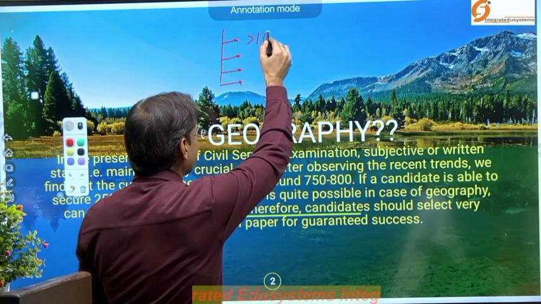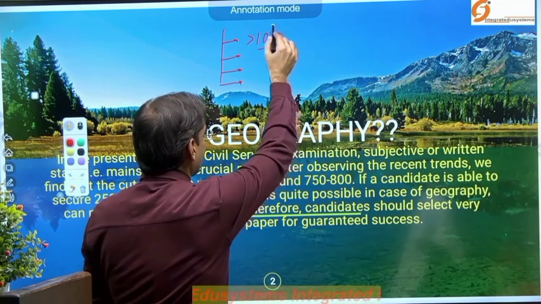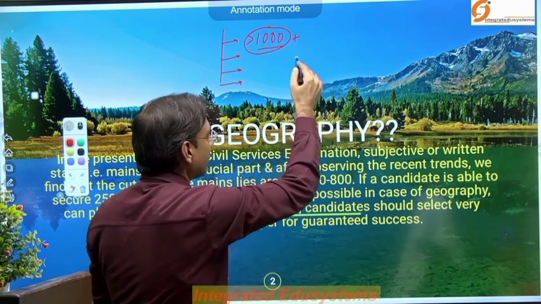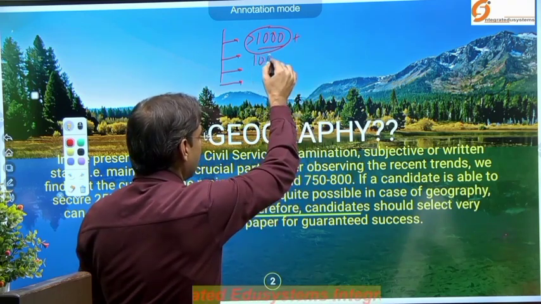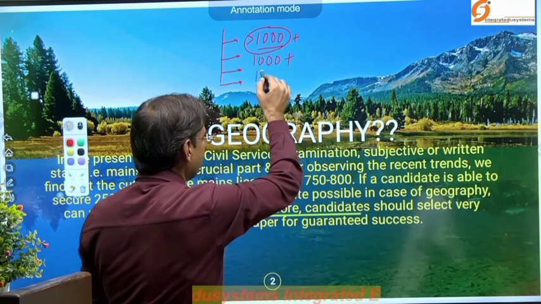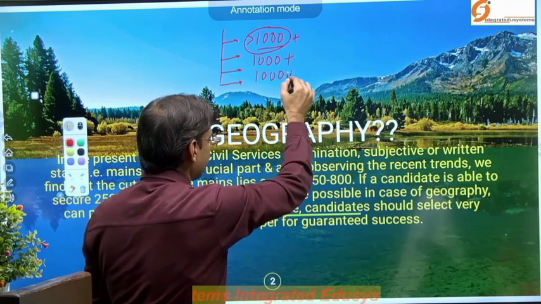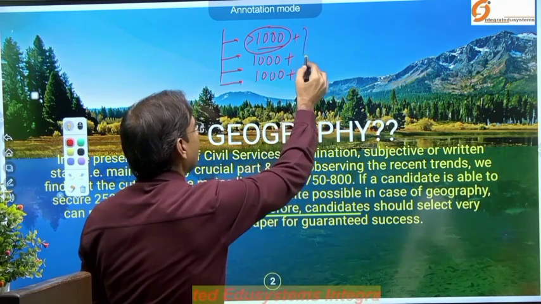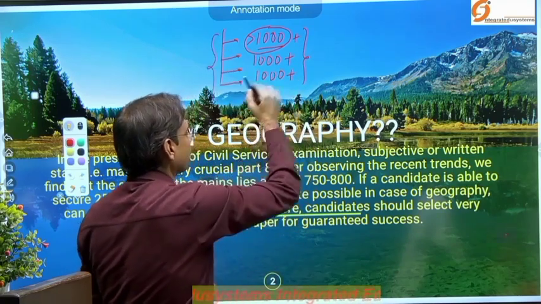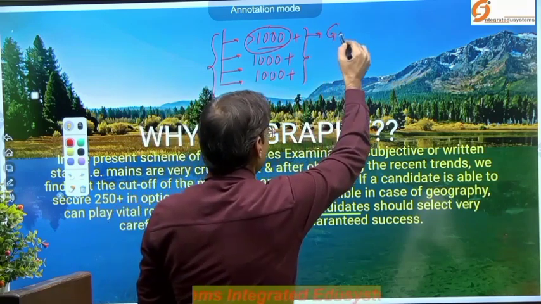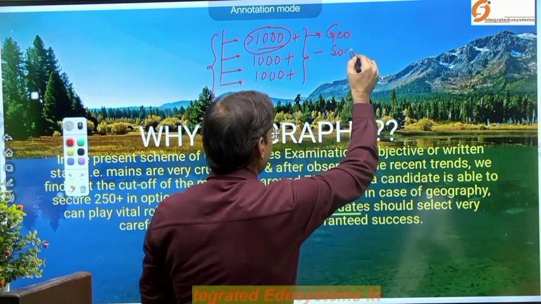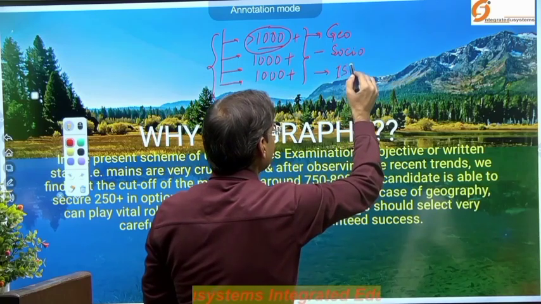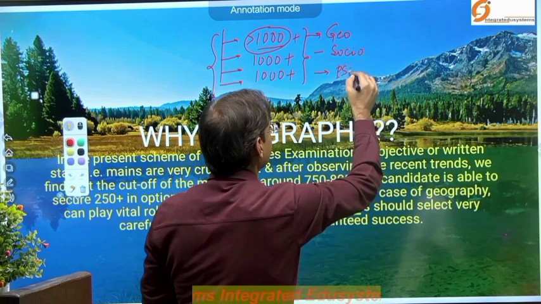So 1000 plus candidates appear from geography, from sociology, from PSIR. These are very popular subjects right now: geo, socio and PSIR, political science and international relations.